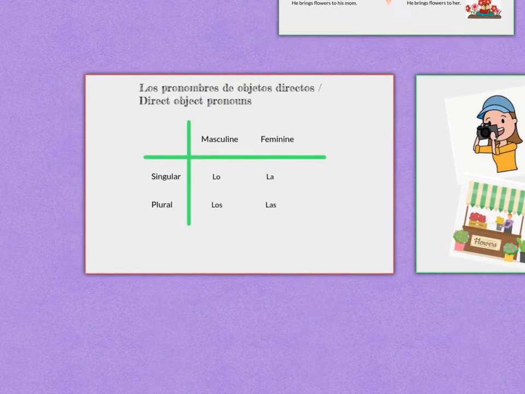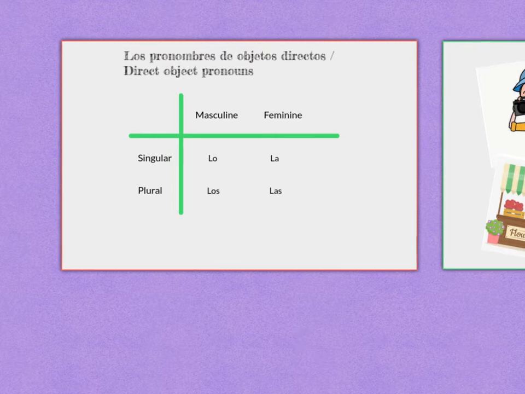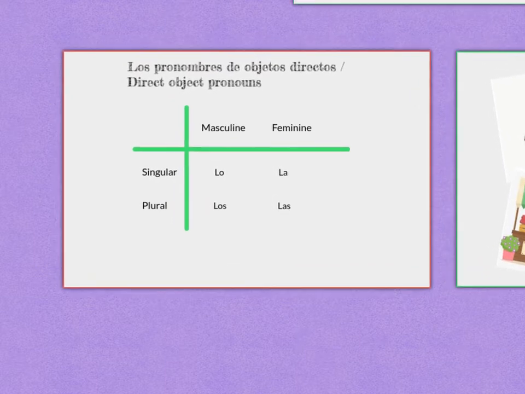Now, we're going to look into indirect objects in a bit, but I just want to keep going talking about the direct object pronouns to stay on the same topic. Now, as you can see, we have 4 different direct object pronouns in Spanish. We have lo, la, los, and las. Each of these pronouns is going to match the noun that they are trying to replace.